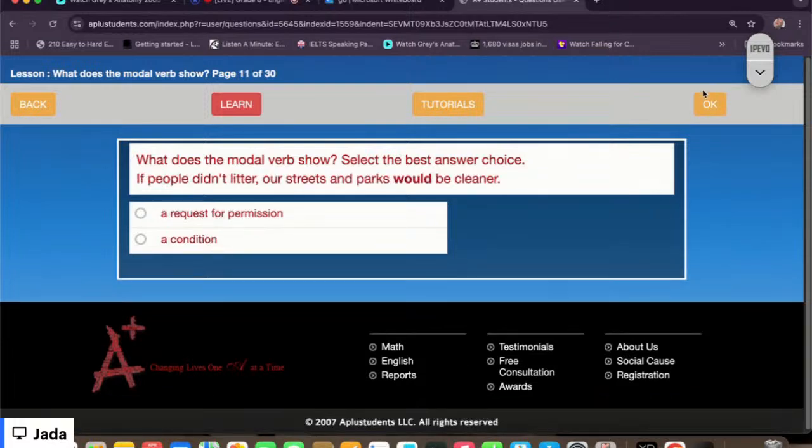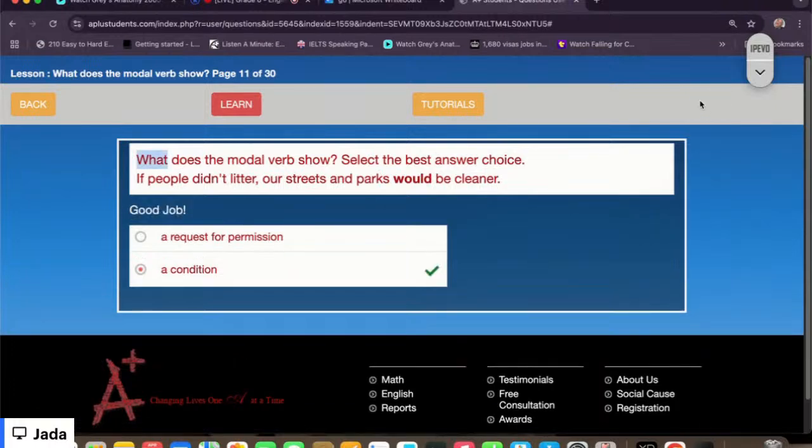If people didn't litter, our streets and parks would be cleaner. A request for permission or condition? All right, so a condition.